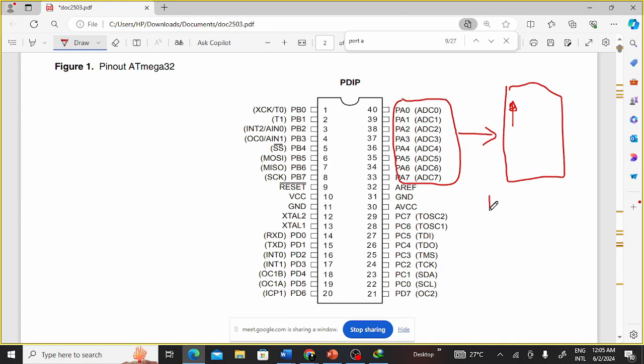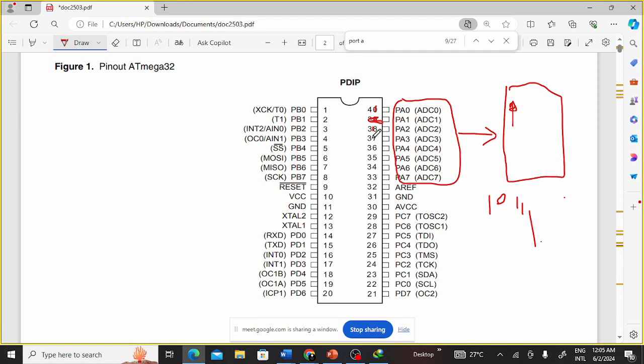For example, if I write 1 0 1 1 1 here, the register will update this place and you find 1 here, 0 here, 1 here. So it is the working register that you are talking to.